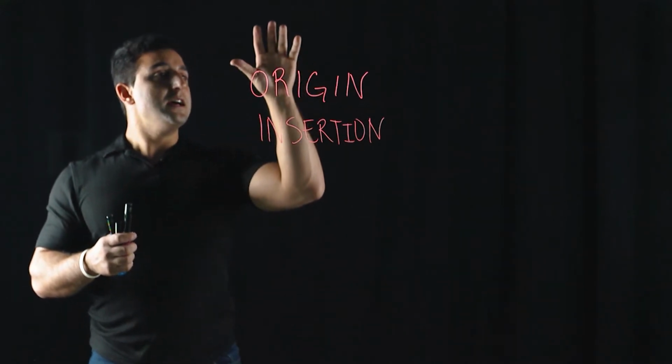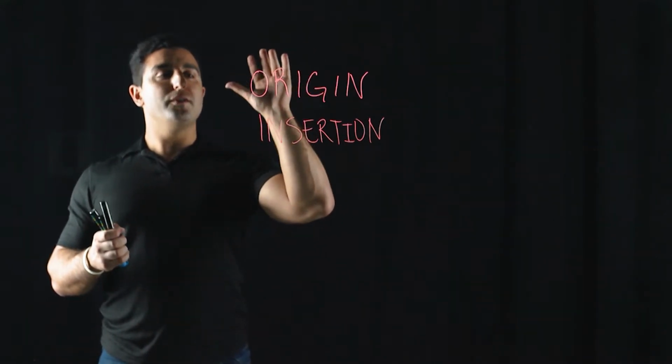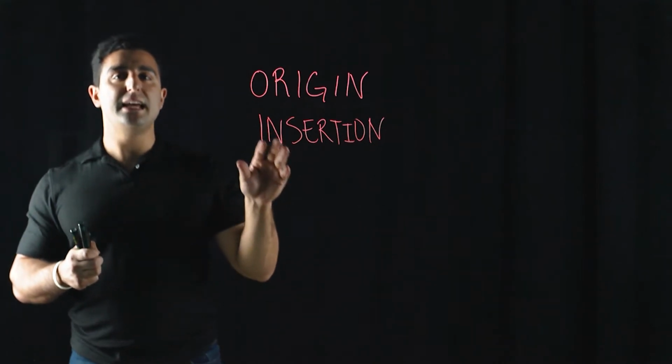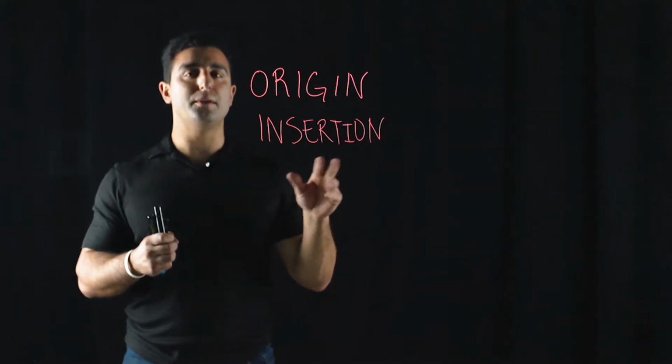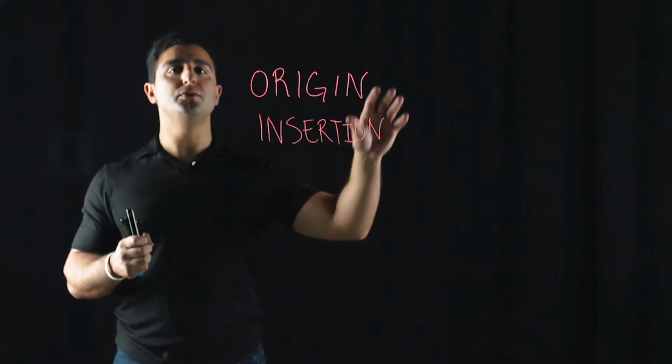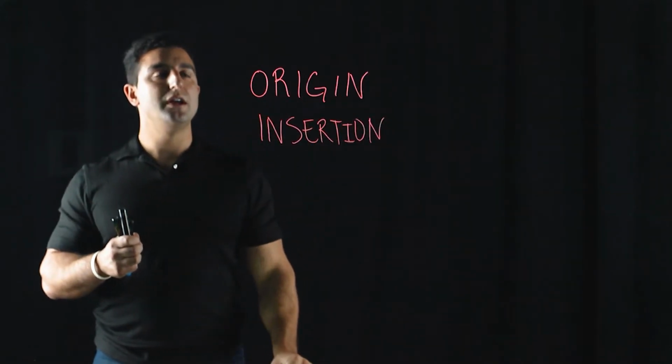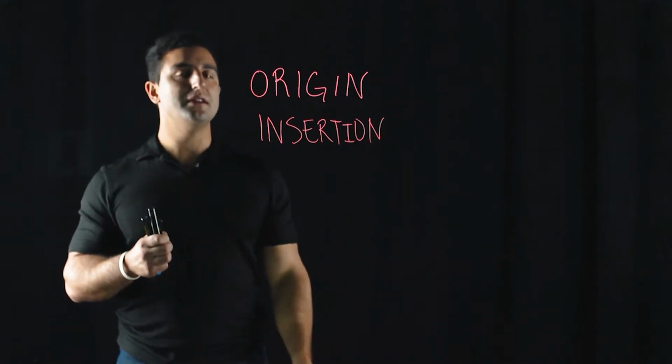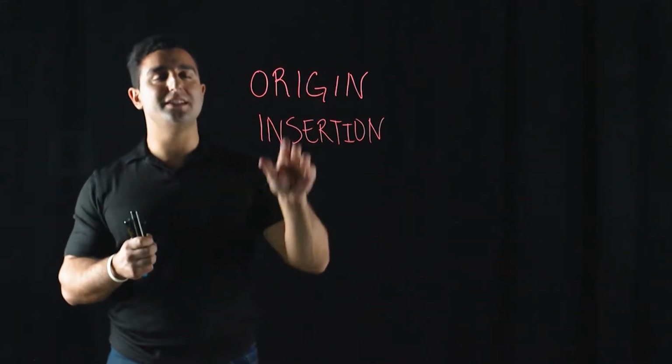Anyway, when we look at the difference between point of origin and point of insertion, these tendons, for example the bicep tendon, connect the bone to the muscle, and there are two specific regions where a tendon binds. One is the origin, one is the insertion.